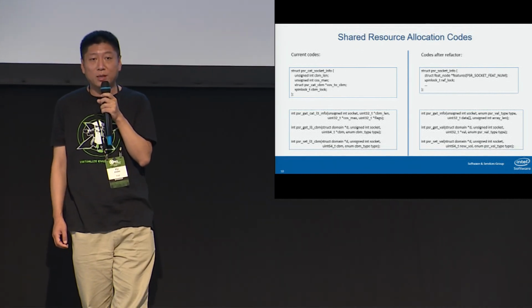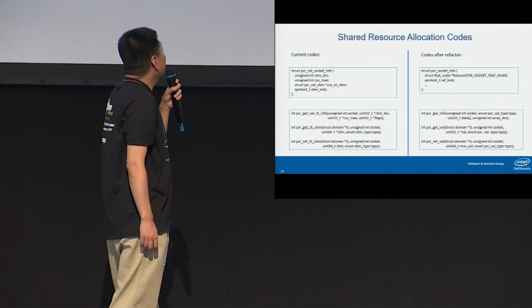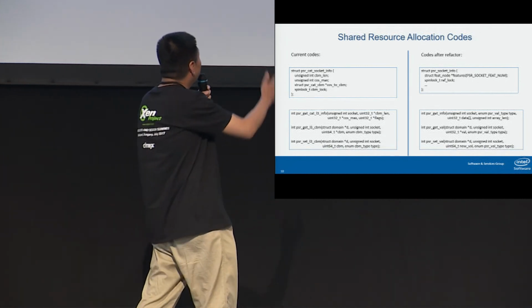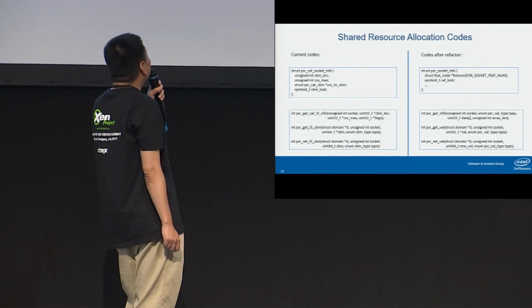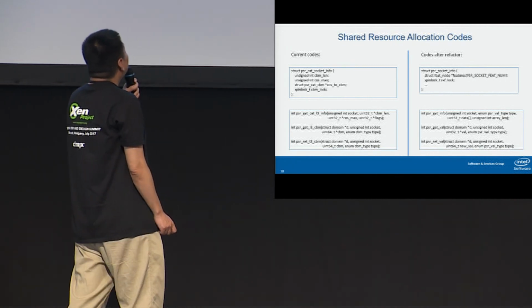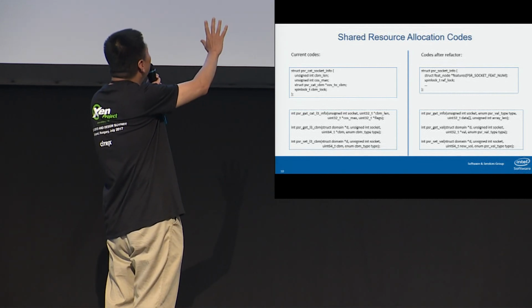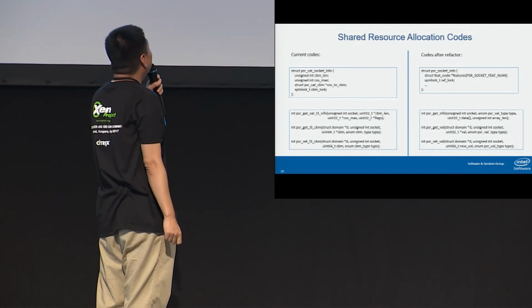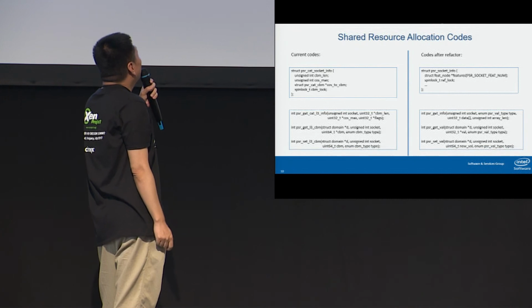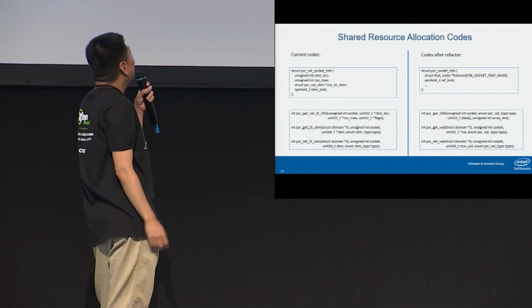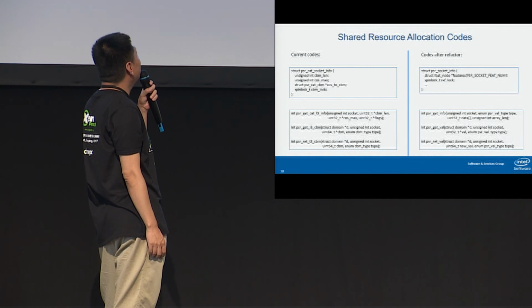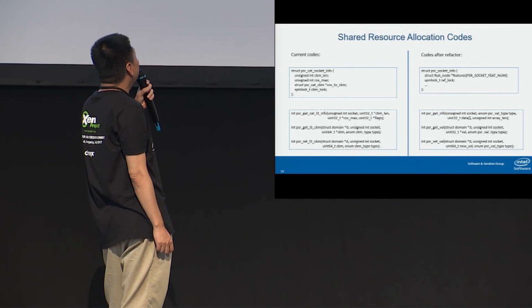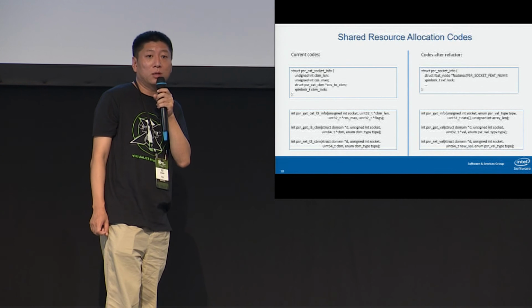We need to extend that, refactor the data structure and the interfaces to accommodate new features like L2 CAT and the MBA. The right side of this page shows a newly defined data structure. There is a group of features, the feature array, in which each element signifies a specific RDT feature, and all of these features are contained in socket info.